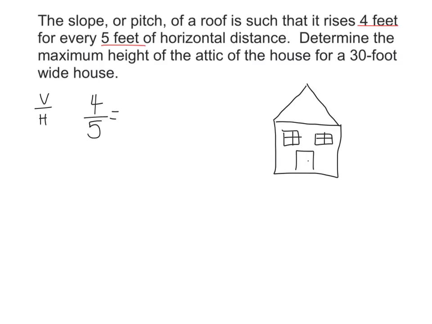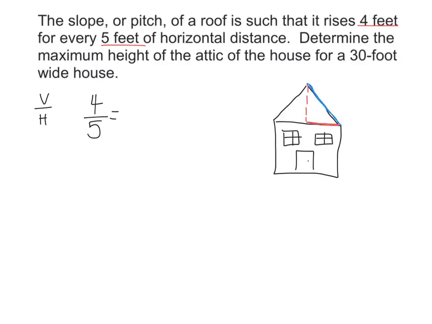If we are looking for the height of the attic, we are looking for this distance here, which means we're only going to use half of the width of the house in order to find the slope of this part of the roof. So we're kind of building a right triangle using the slope of one side of the roof, using the height, and then half the width of the house.